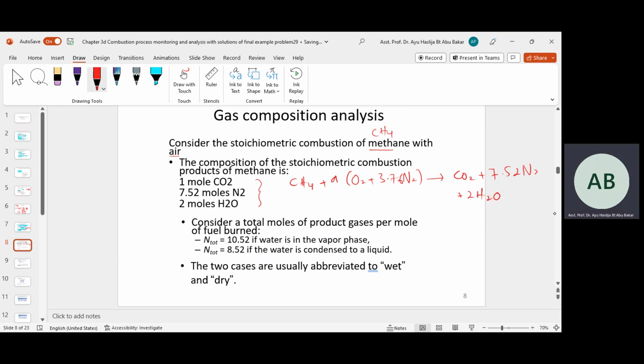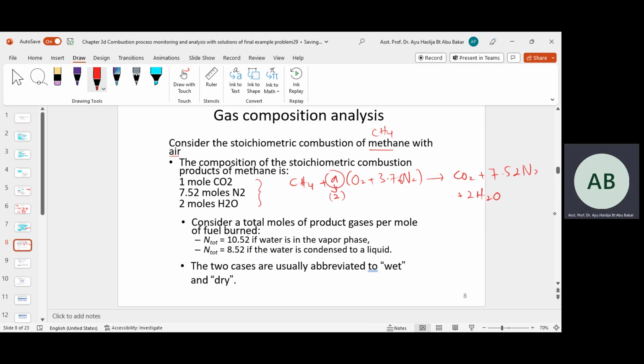So this is the combustion equation. What is the A? 2. How do you get it? 1 plus 4 divided by 4. Yes. So this A equals 2.